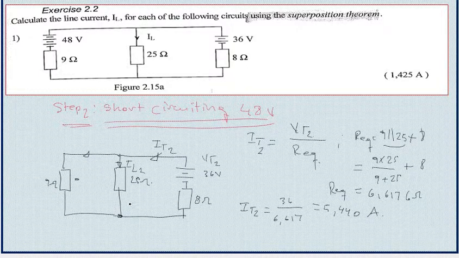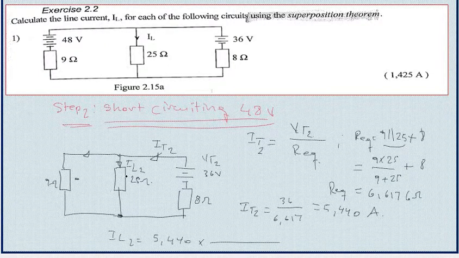To find the current IL2, the load current in this resistance, we say that IL2 is equal to, we first copy the total current, which is 5.44, and then here we realize that we have these two resistors that are in parallel.